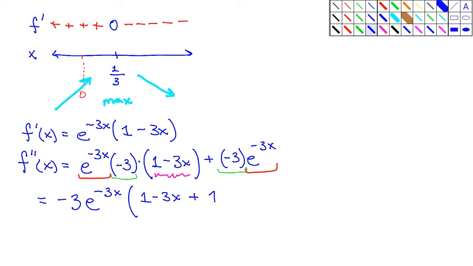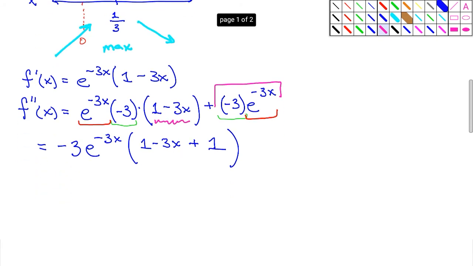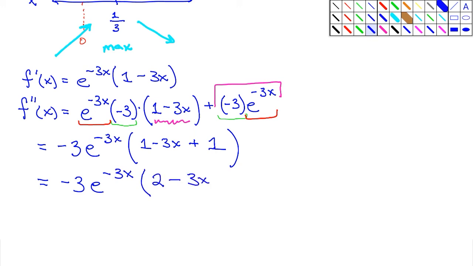So I still have to have a placeholder for this second piece right here. And since I factored everything from it, then I have to represent that by a 1 so that if I were to redistribute, that piece would come back into play. Let's simplify. So this is negative 3 e to the negative 3x times 2 minus 3x.